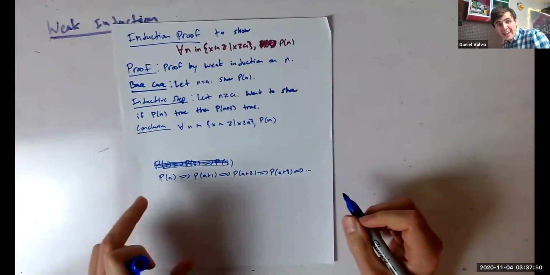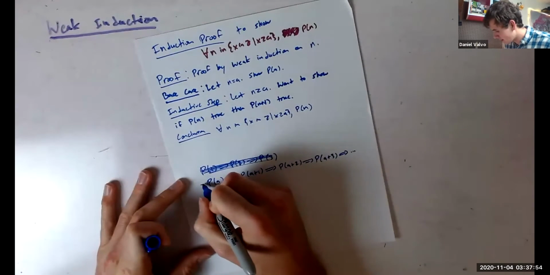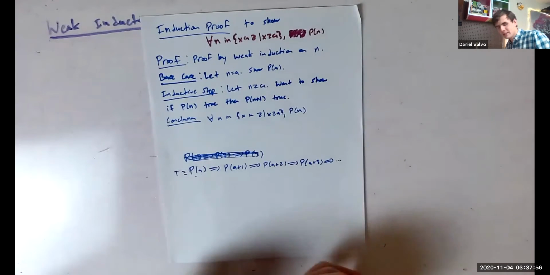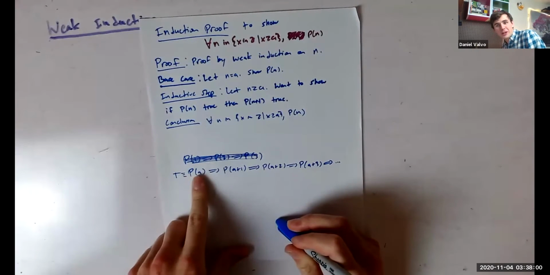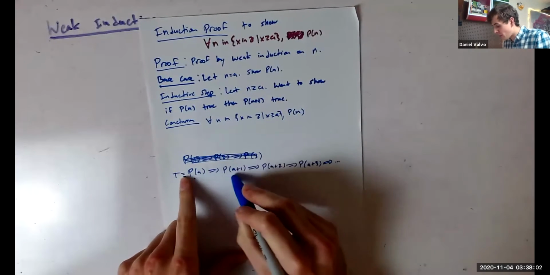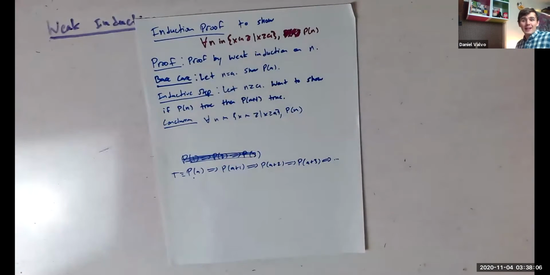You've shown that, and you've shown that this is true by the base case. So you know the first part of your chain is true by the base case, then every part of that links via the inductive step. So you've proven that every integer greater than that has this property. That's kind of cool.